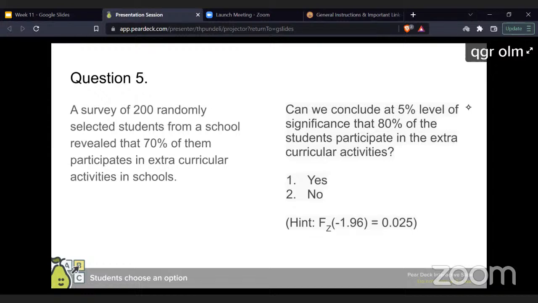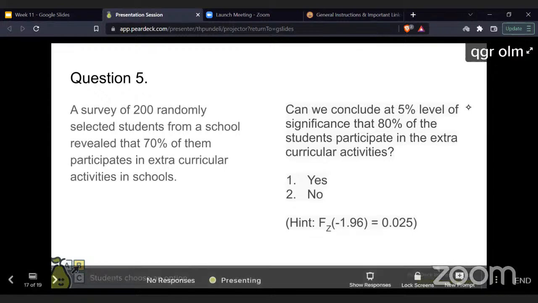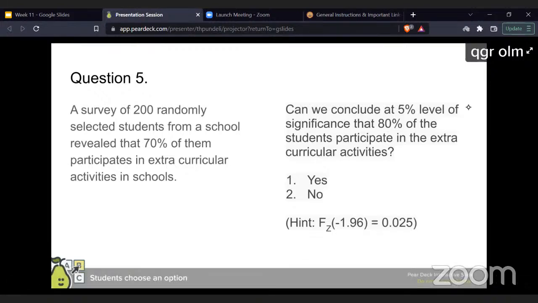Okay, so two people are saying 0.7, one person is saying 0.8. Any other answers? Okay, so here the null hypothesis is P equal 0.8.